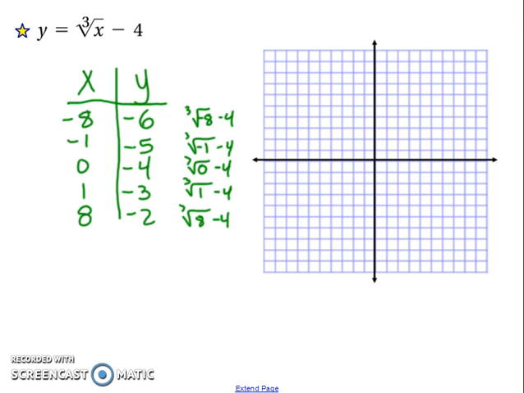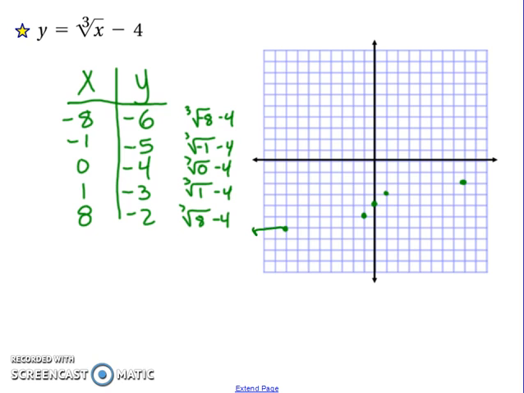So now we're going to just plot our points. So we have -8, -6, -1, -5, 0, -4, 1, -3, and 8, -2.